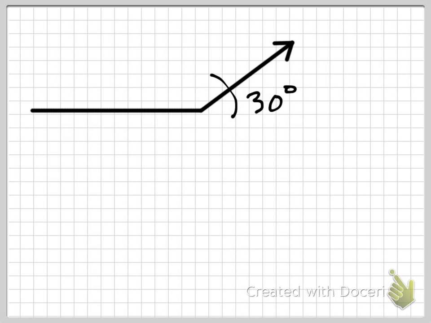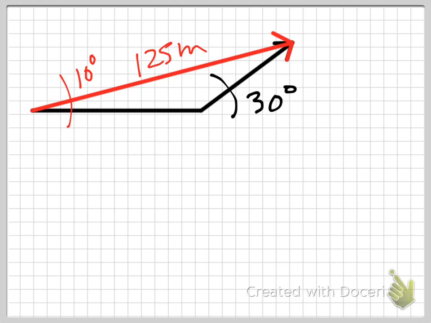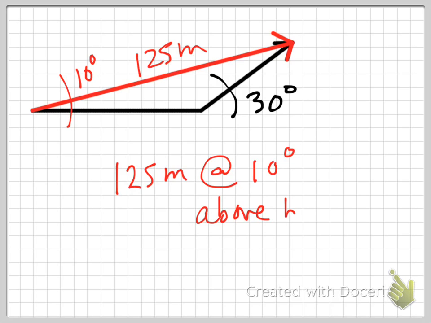We had our resultant all drawn in, and using a graphical solve, we come up somewhere in the neighborhood of 125 at, and I'm even going to say approximately 10 above the horizon. I'll use your numbers, that's fine. That final answer for the resultant would be 125 meters at 10 degrees above the horizon.